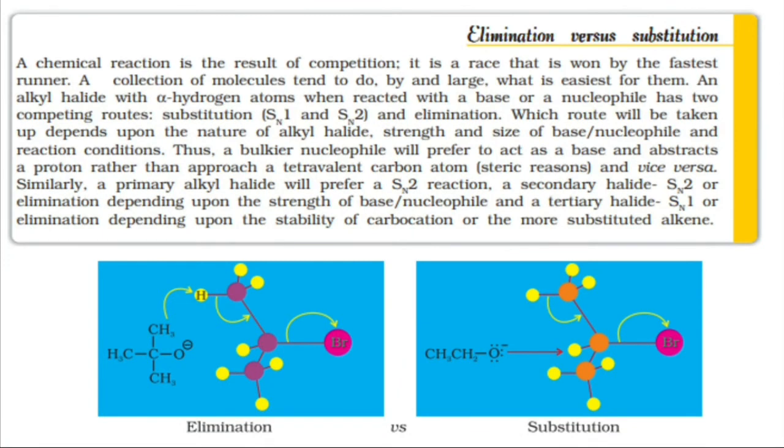Now see, we know that bases can also act as nucleophiles, which means they may show SN reactions, and they may also show elimination reactions. Now there is always a competition between SN1 and SN2. Similarly, there is always a competition between SN reactions and elimination reactions, basically if bases are taken.